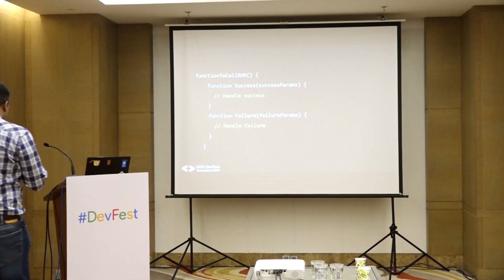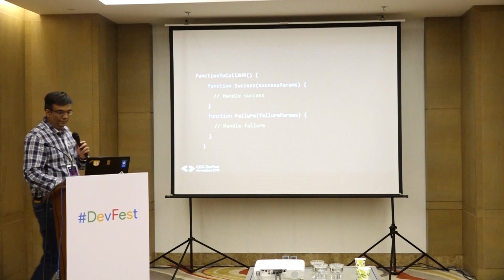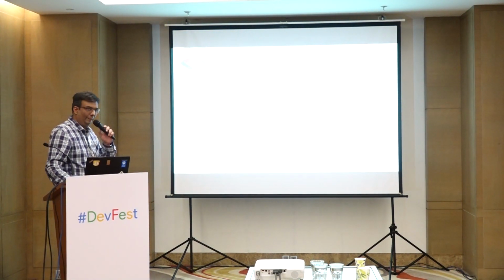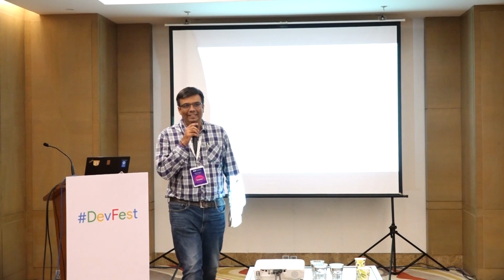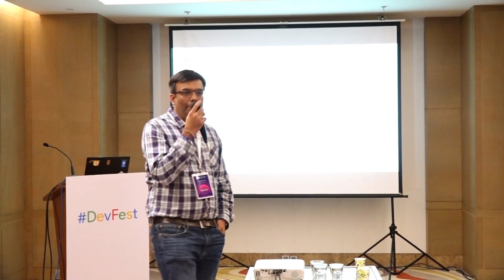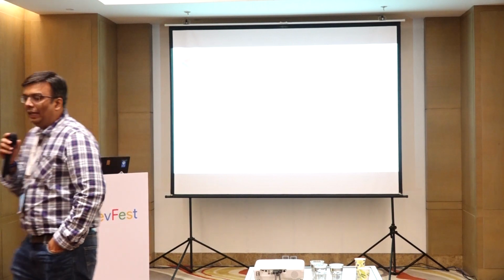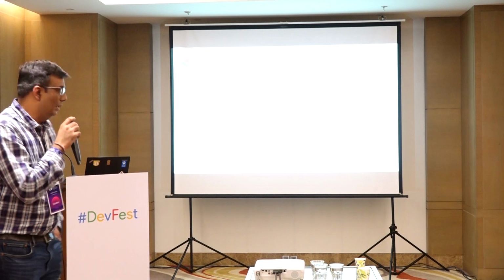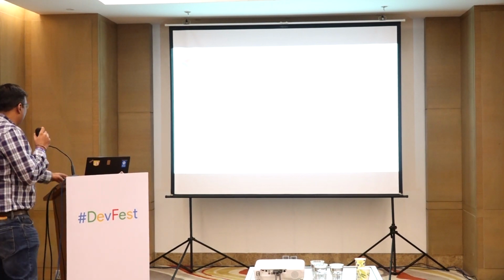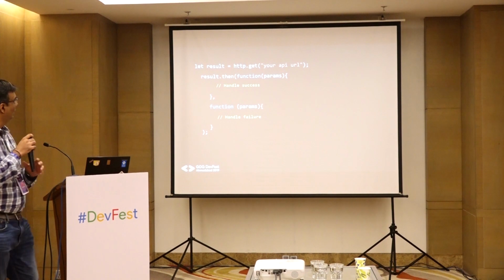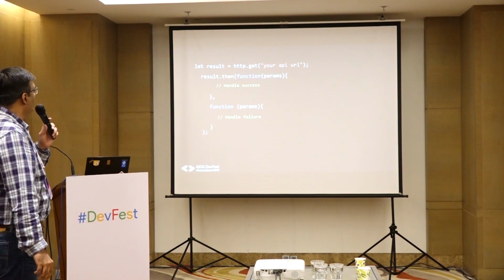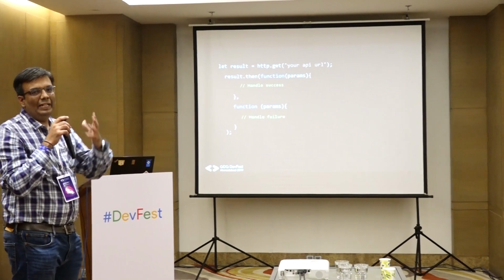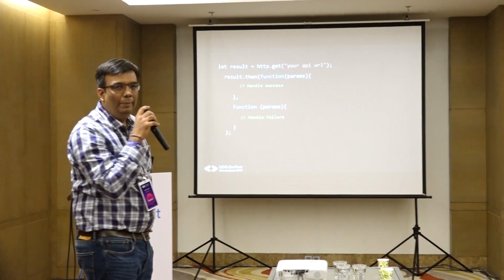Right? Then the evolution comes. We got promises. So what are promises? Basically, it's a simpler way of doing callbacks, but the only thing is you can either resolve it or reject it, right? And what was the problem with this? So this is how the structure is. A result is getting data from your API as a promise.